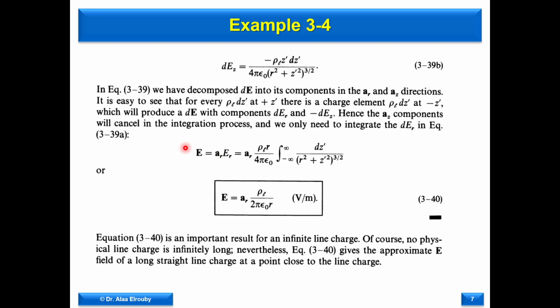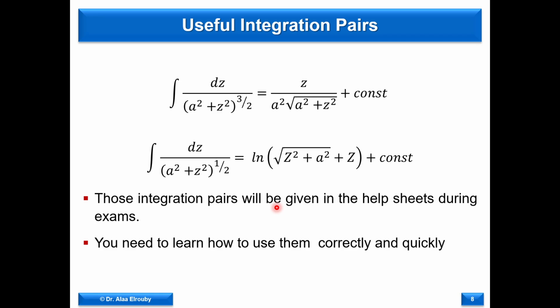The integration of the a_r component needs to be from minus infinity to infinity, which is the extension of the charges, and the integration of this expression will bring this value here. So this is the solution using the integration form for a linear charge distribution.